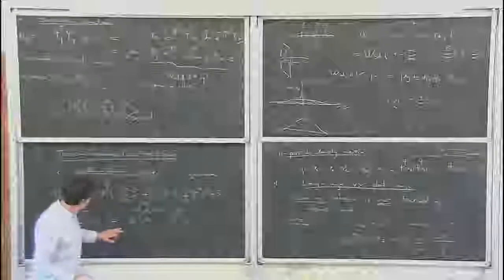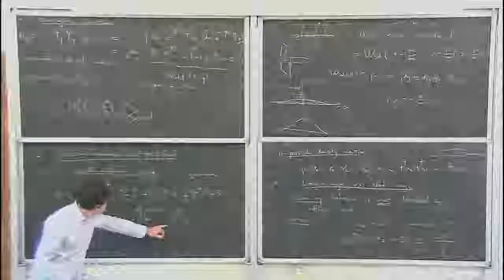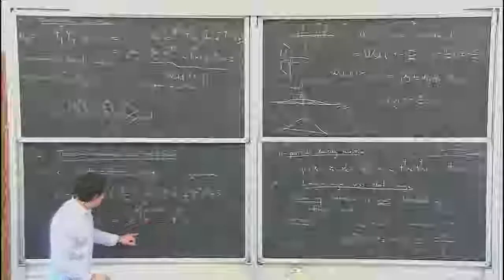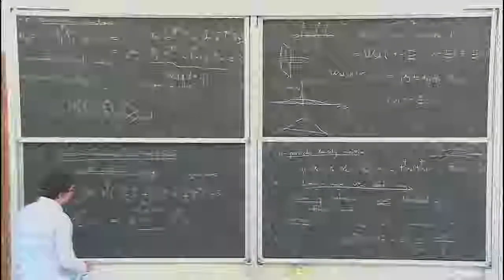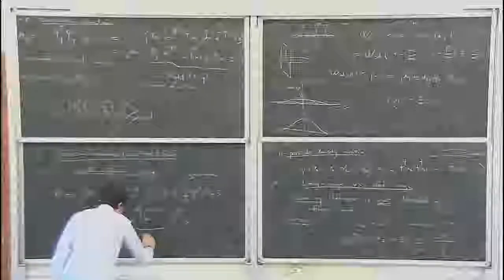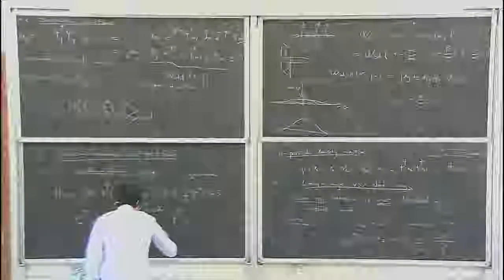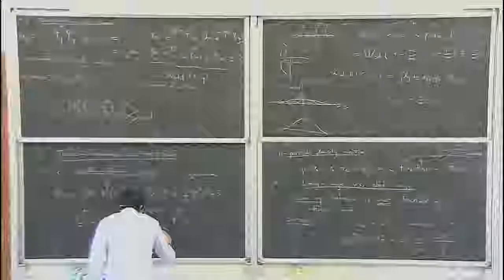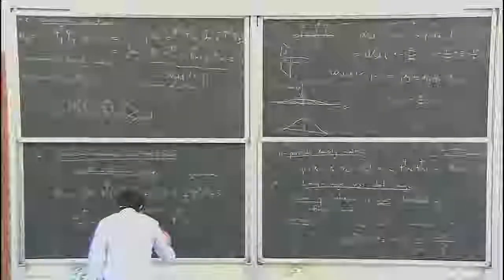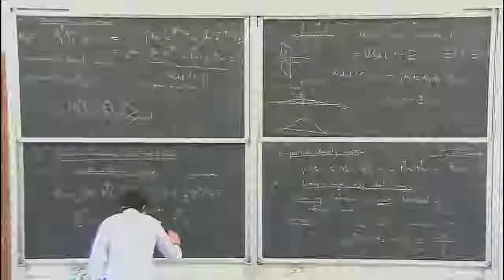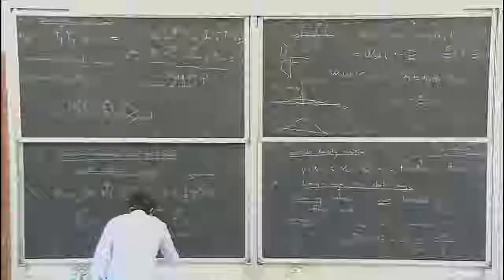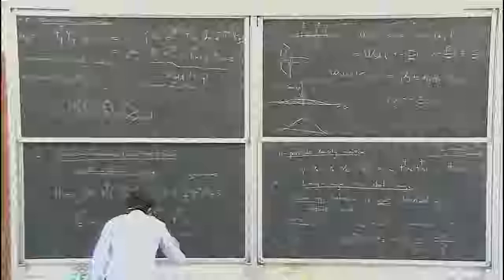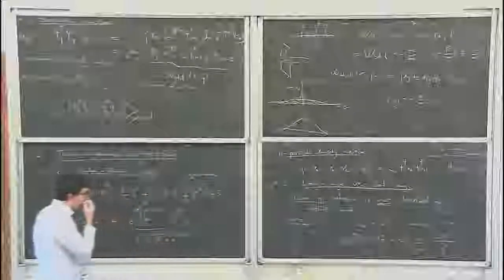And in order to get the correct statistics, you need to insert this object here, which is a non-local operator, which is basically -1 to the number of particles that are on the left of the point x.